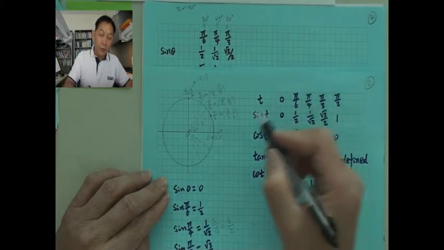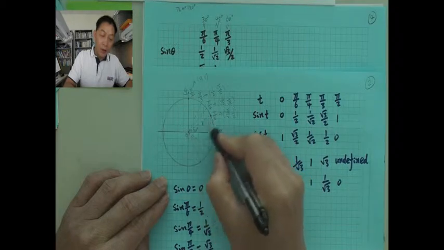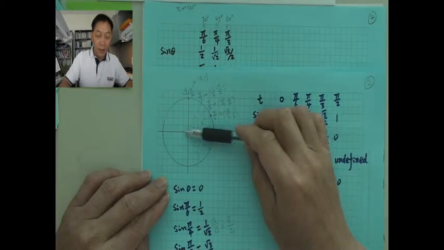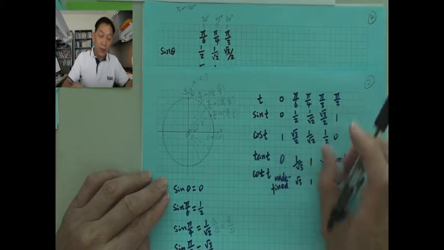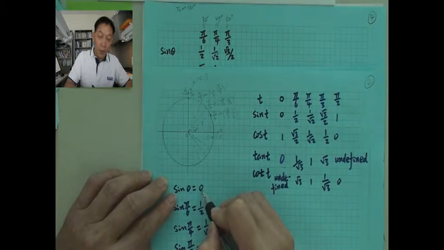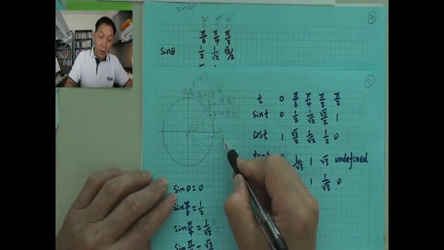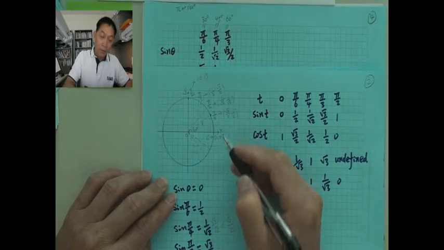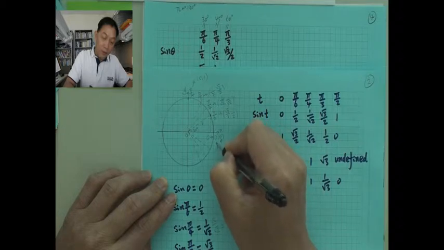Now, for the special values, 0, the terminal side and the initial side can coincide. So in this case, sine 0 degrees is 0 because of what? Because y is 0. So 1, 0: this part is y, and this is the x.